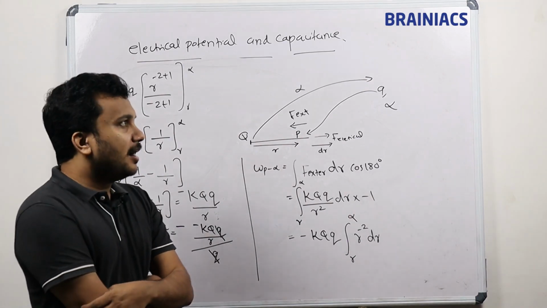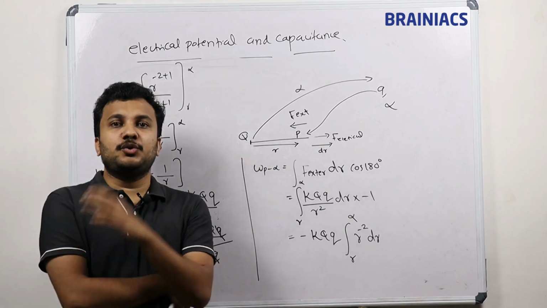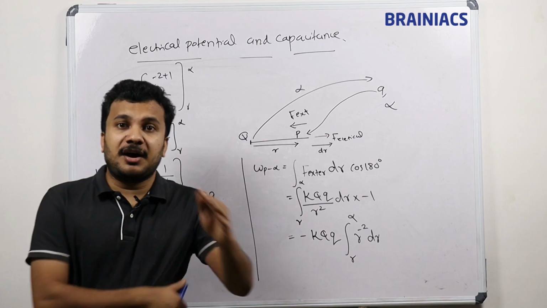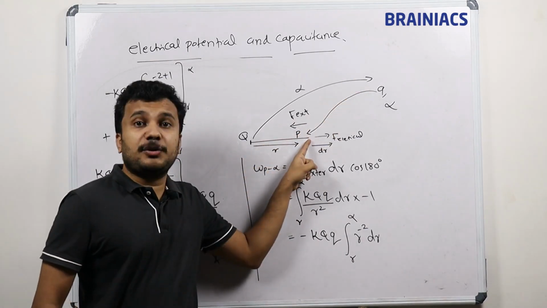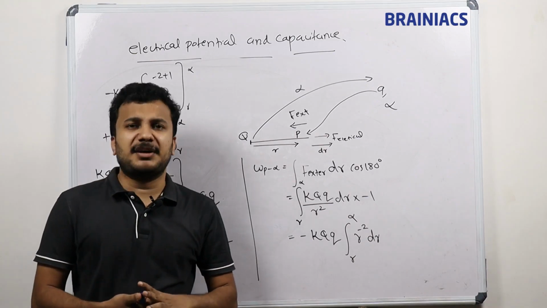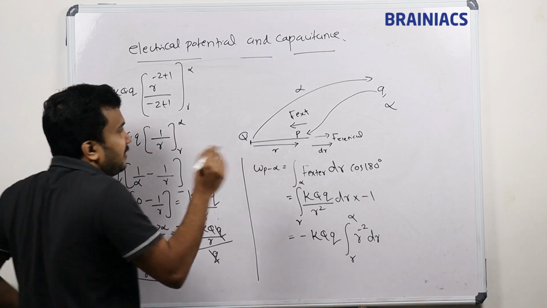Now if somebody comes and asks you, hey, you told me you are spending some energy to move the charge from infinity to the point P, how much energy did you spend, how did you calculate it?